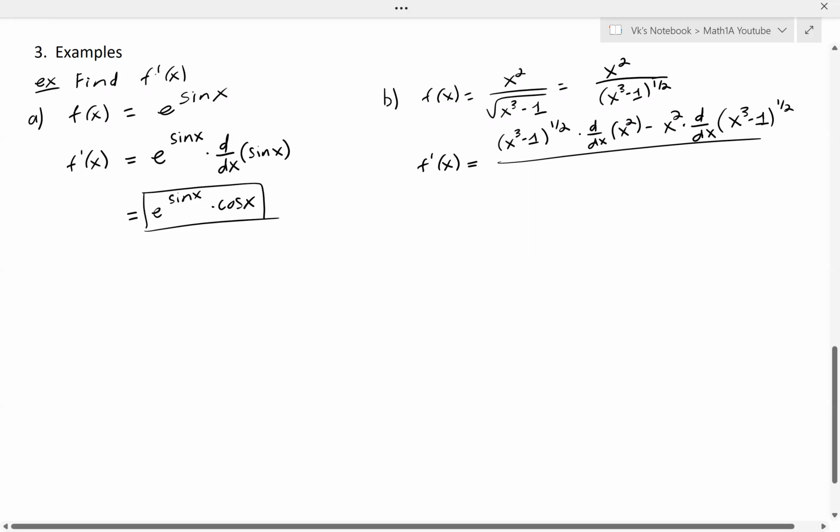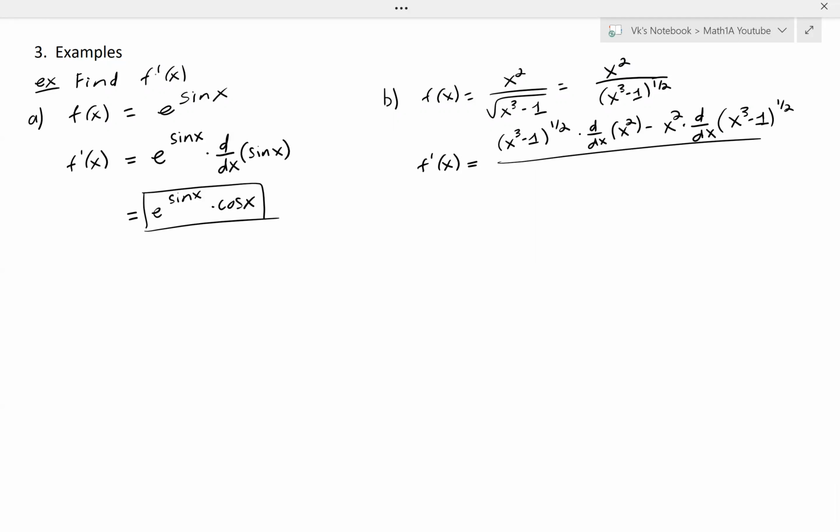over low squared: the square of (x to the 3 minus 1) to the power 1/2.